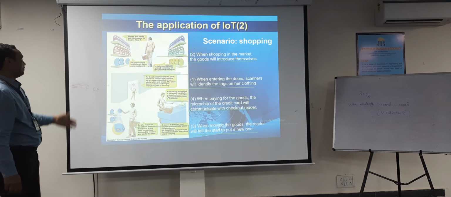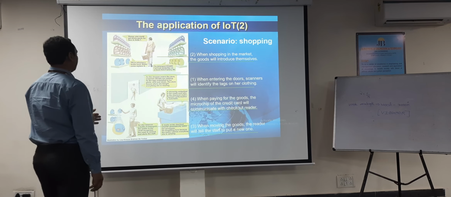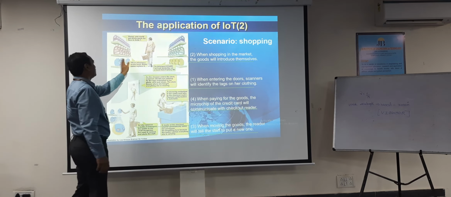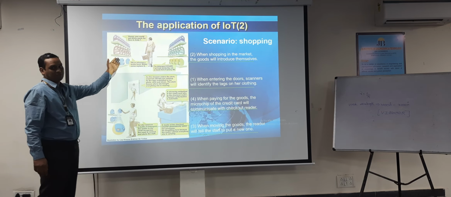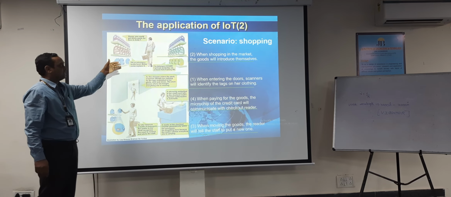So in the third step, when moving around the goods, the reader will tell the staff to put a new one if this person has taken that good and kept it in his bag. So what happens? There is an empty place for him. Clear? So it will tell the concerned person to replace one more product in that place.